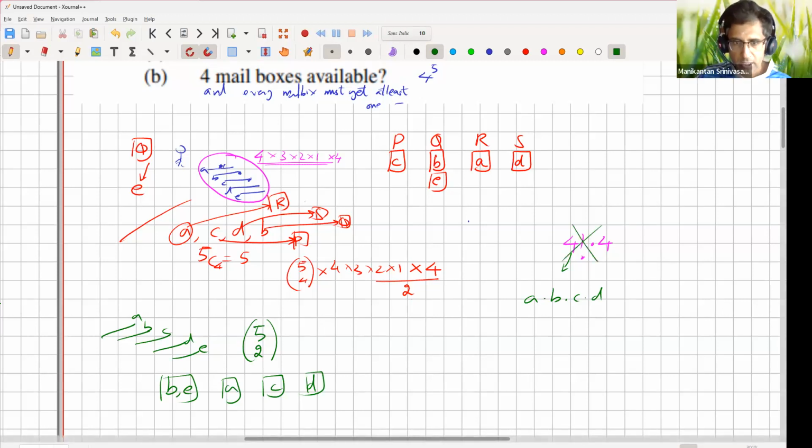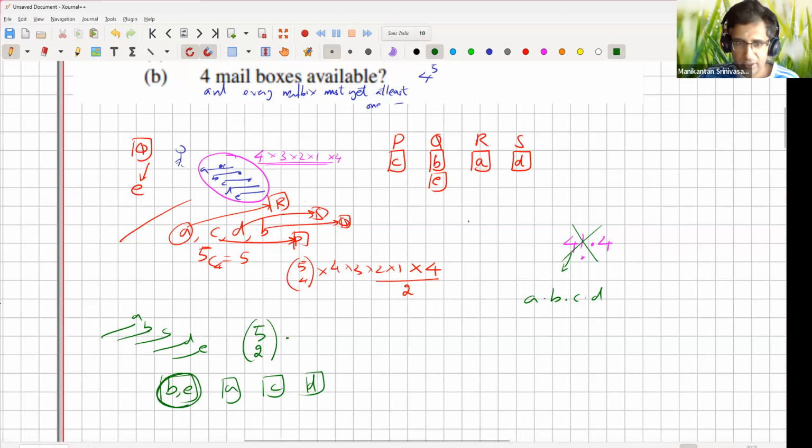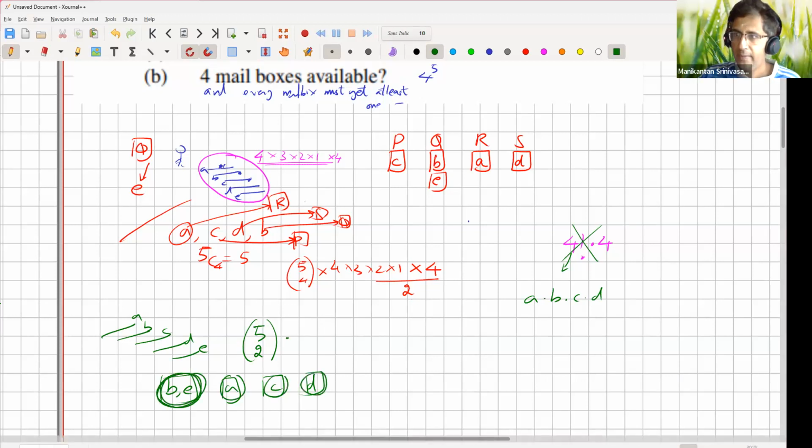Now, what am I doing? I'm doing 5 choose 2. I'm picking which 2 letters are going together. And then I'll view this as one big letter, sort of. One big letter, and this is another letter, another letter, another letter. There are 4 mailboxes and 4 letters now for me. Now it's a very simple game. 4 factorial. The first letter, which is actually a combination of both, can go anywhere of the 4. 5 choose 2 into 4 factorial. Now, let's compare this answer.